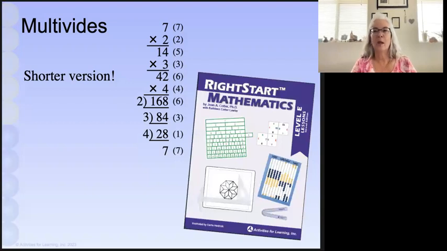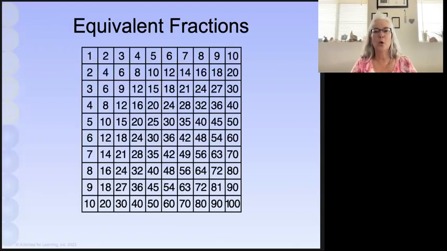Last cool thing I want to show you is equivalent fractions. Here I've got a multiplication chart. So I've just got 9 times 6, I've got 6 times 8, just a regular multiplication chart. And when we do this, we have the numbers be in the same columns. So here I've got 5/10.